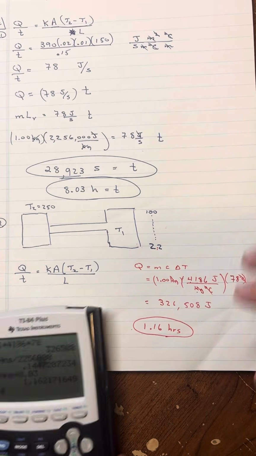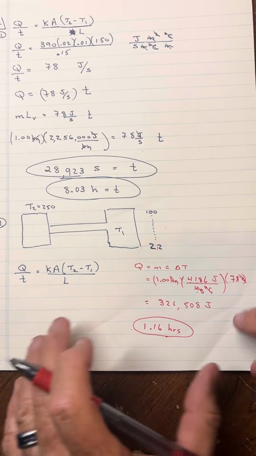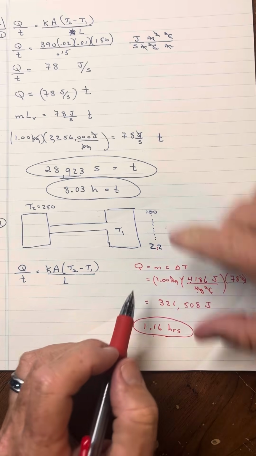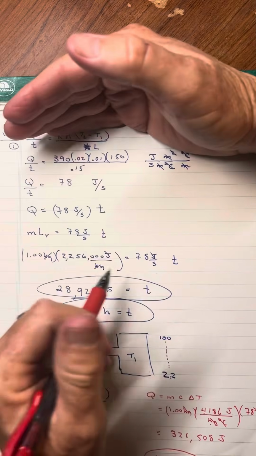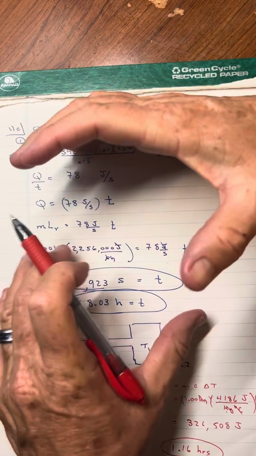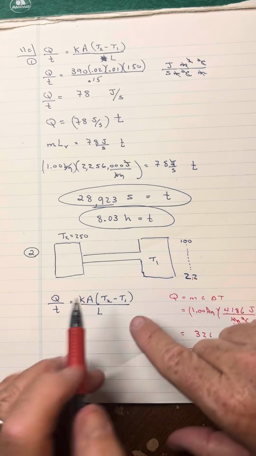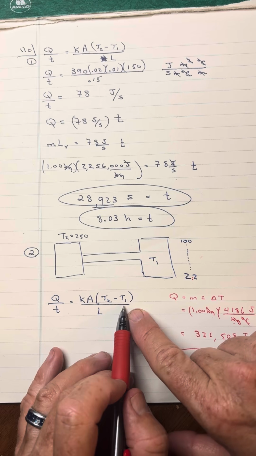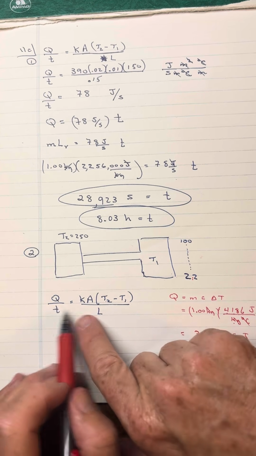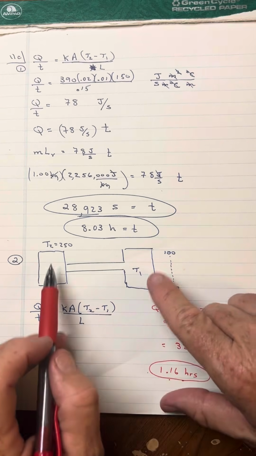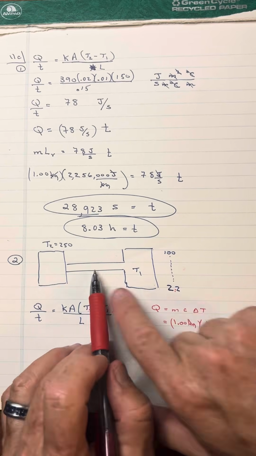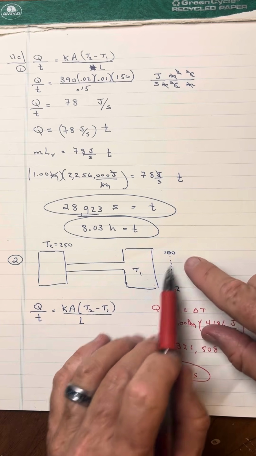Now, like I said, this is not the way to do it, because what I just assumed is that the rate up here in number 1 is the same in number 2. And number 2's rate was determined by the temperature difference of 150. And this is always going to be lower than 100.